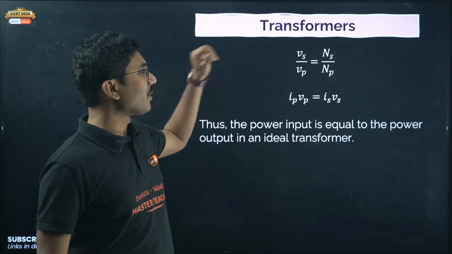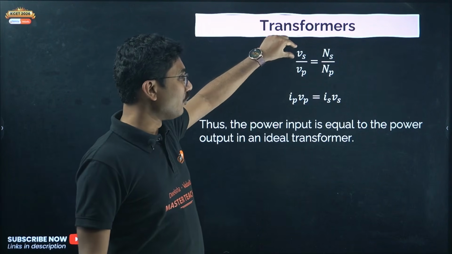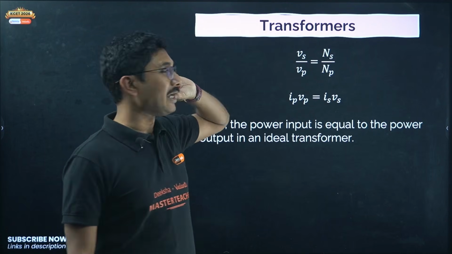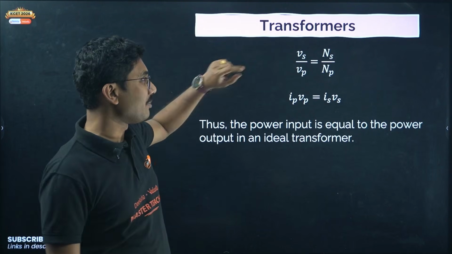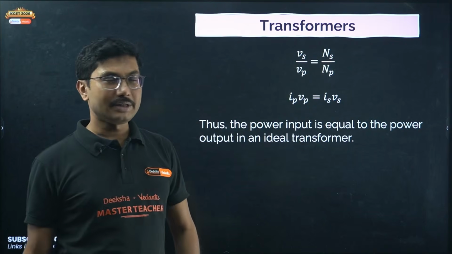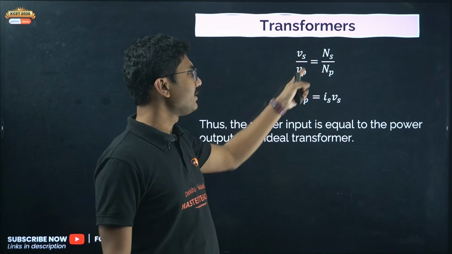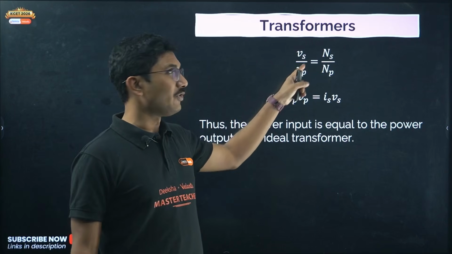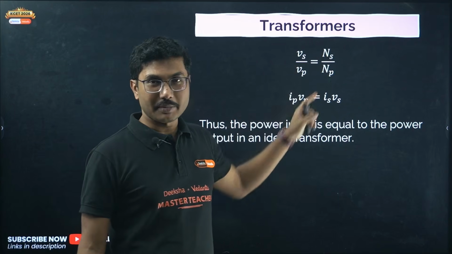Now in a transformer, what happens is that the voltage that you get from the secondary, divided by the voltage that you supply in the primary, is equal to the number of turns in the secondary divided by the number of turns in the primary. Okay, so this is the relation of a transformer: secondary voltage divided by primary voltage equals secondary number of turns divided by primary number of turns.